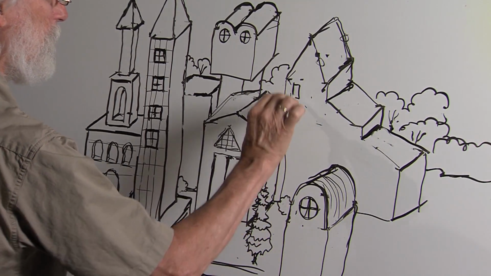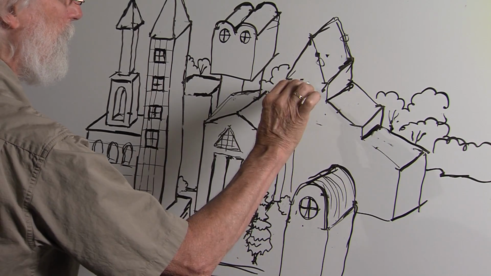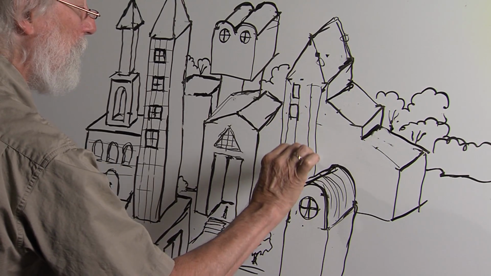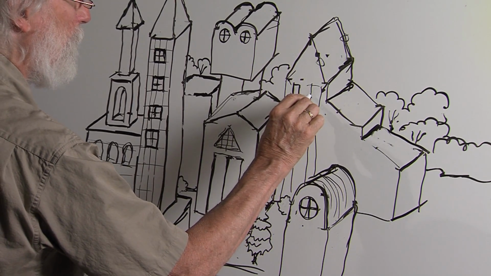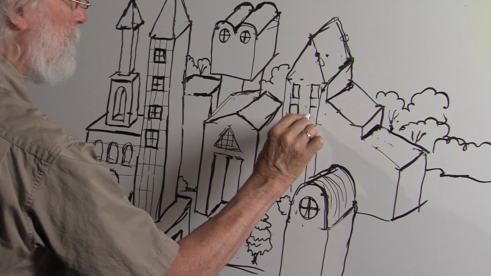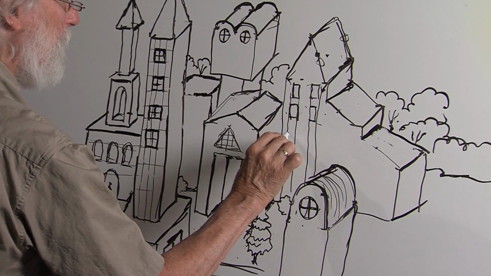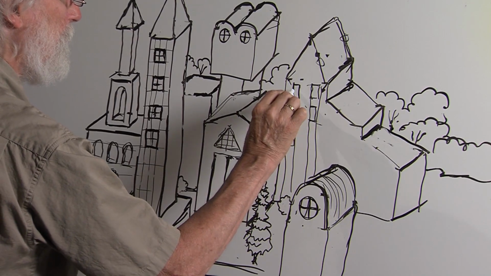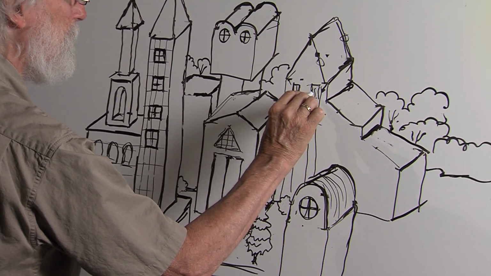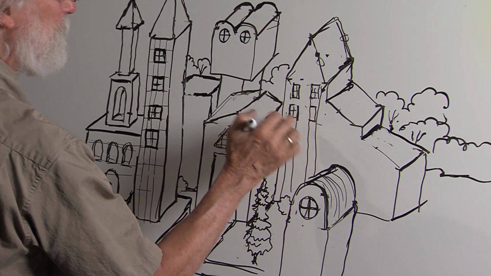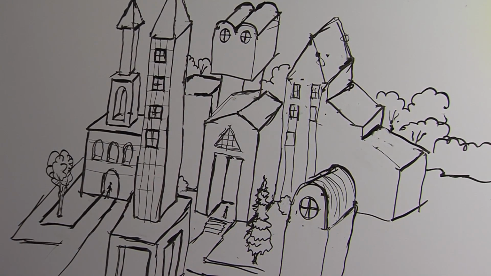I'm getting it kind of crooked, so I want to make sure that this is running somewhat straight. All right, so there's one window. This one would match it. This would match this one, and so on and so forth as you go down. Little details like this help to make it look more like windows. And then you can come back and erase these lines, or maybe those are part of the construction of this.